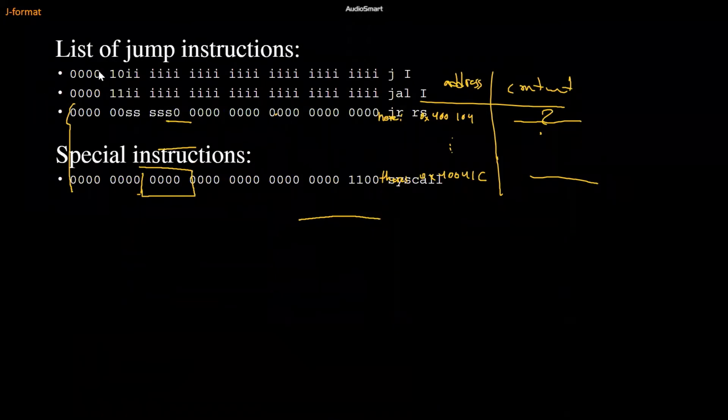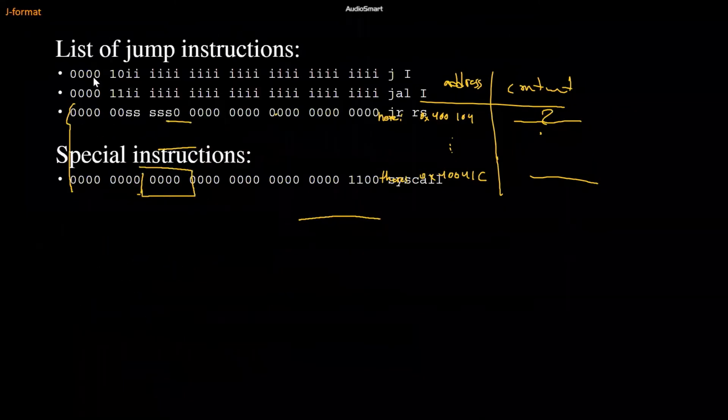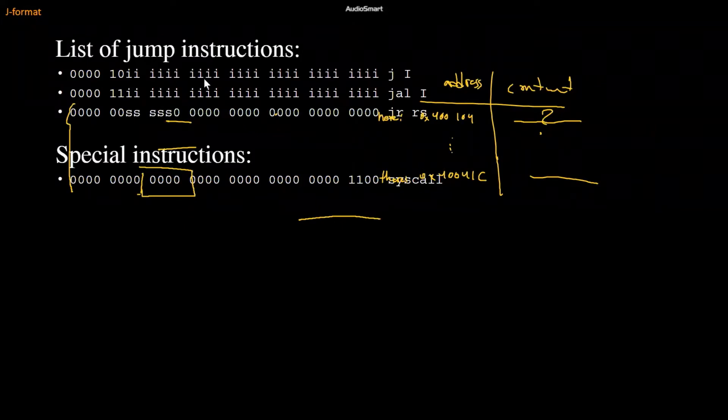We see that this is a jump instruction, and as we've seen before, we have a 26-bit I value, and we have 6 bits that are basically the opcode, the identifier for the instruction. We can think of it as an ID or an instruction number.